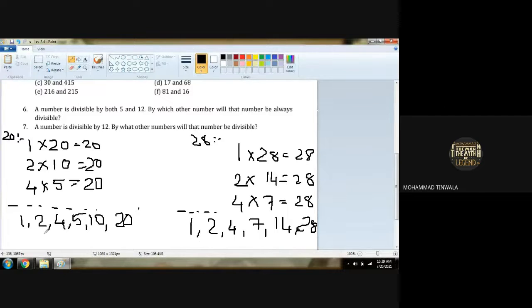Any doubt here? No, sir. Factors of 20 are 1, 2, 4, 5, 10, 20 and the common ones are 1, 2, 4.